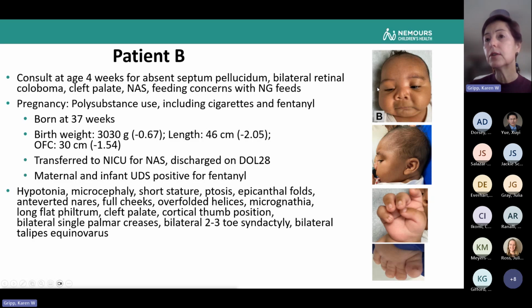You see the very similar facial features with the incredibly short nasal tip, the long philtrum, the really small chin. He also has a single palmar crease, and he has mild tooth syndactyly that's shown here. So this patient had a cleft palate, but not a cleft lip.